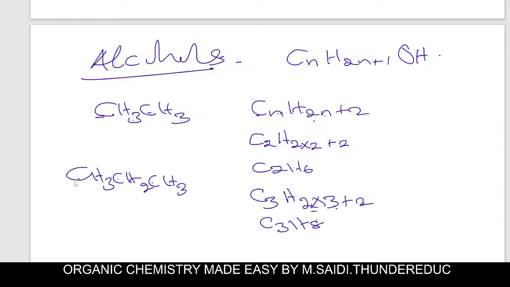So I come here and I count: do I have 8 hydrogens? 3 plus 2 plus 3 is 8. That's how it works. It means that all the molecules of alkanes must obey this general formula. So all molecules of those organic families must obey the general formula of that homologous series.